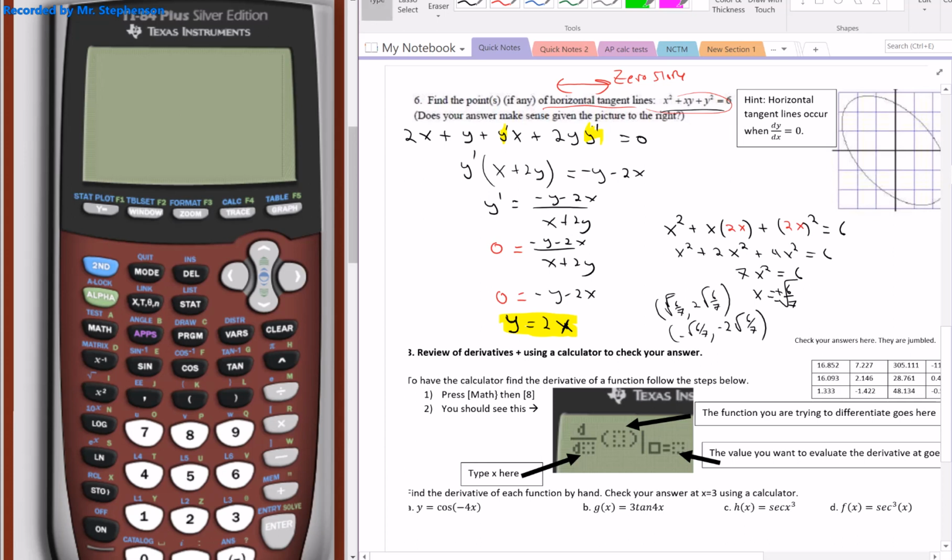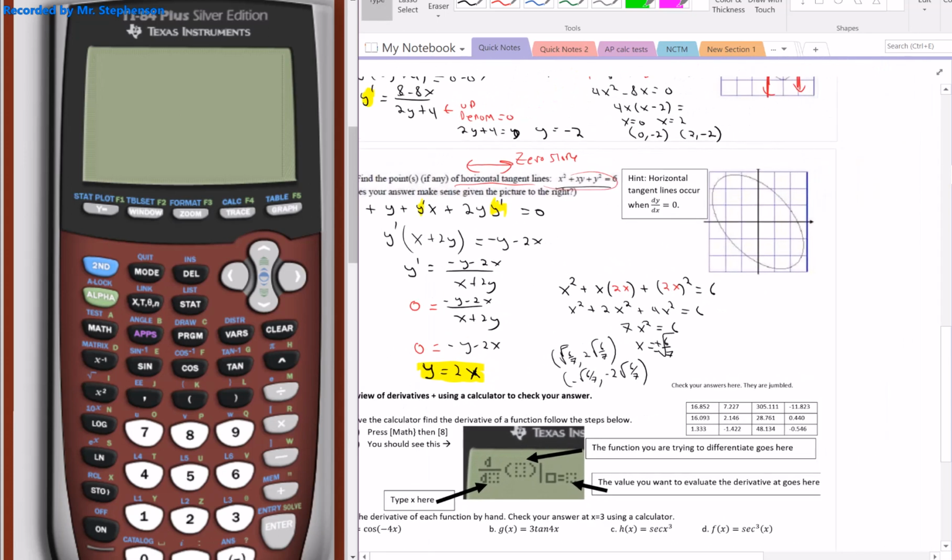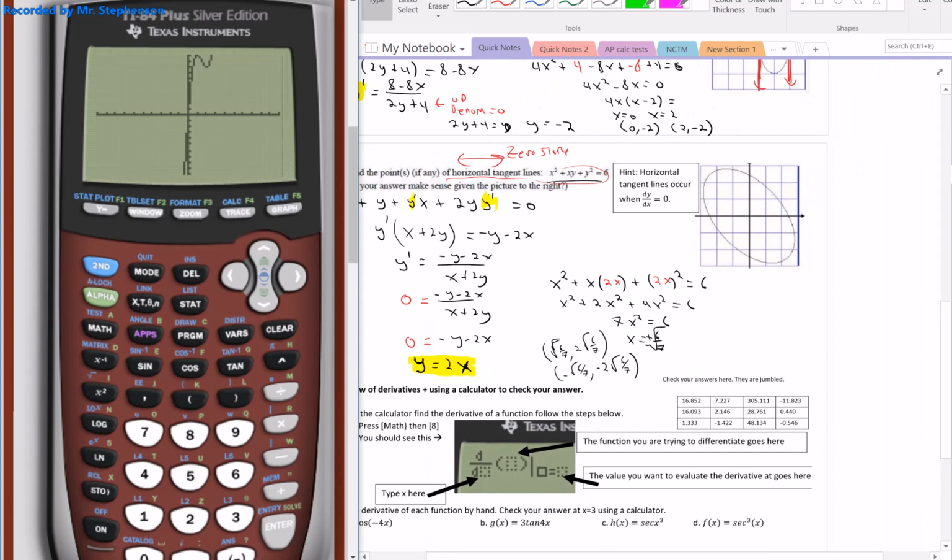And if you look at these points over here, what is the square root of 6/7? Let's figure it out. The square root of 6/7 is about 0.9. So I'm going up this way about 0.9, a little less than 1 here.